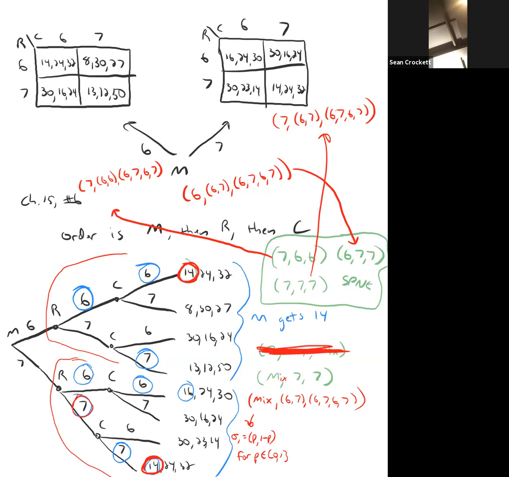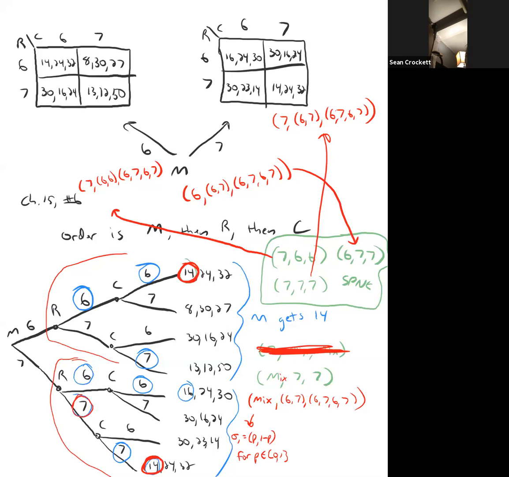Yeah. I mean, it could be either end. This is not important, but there's 2 pure strategy equilibria.